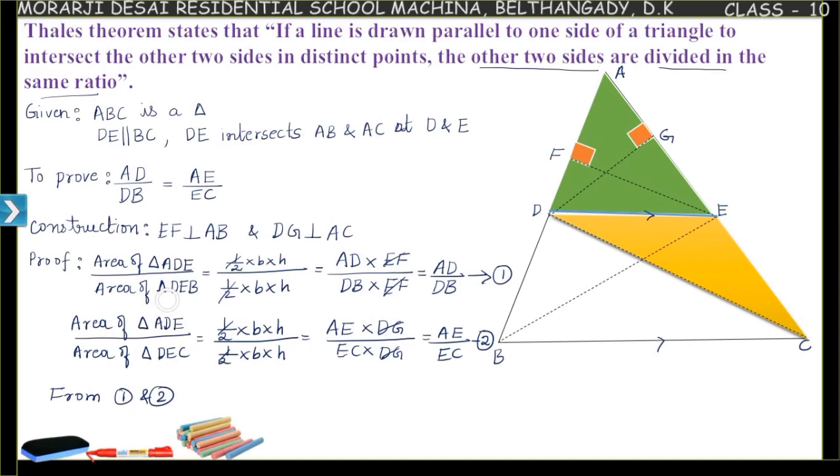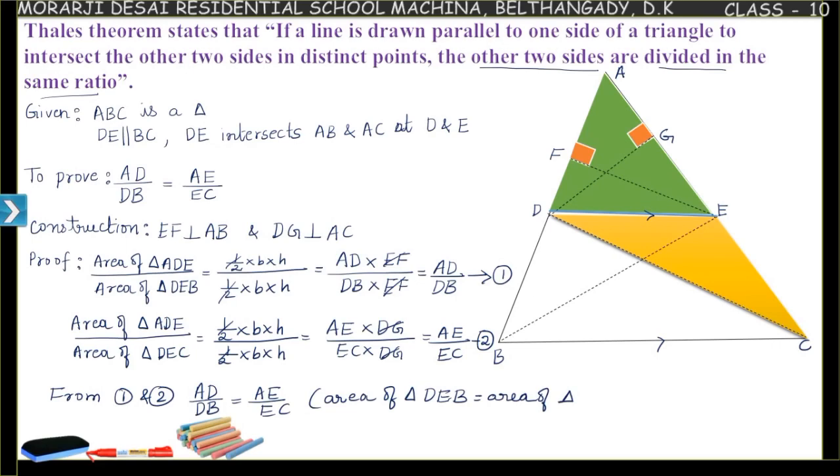And you know that area of triangle DEB is equal to area of triangle DEC because DEB and DEC are on the same base and between the same parallel lines. So we can write AD by DB is equal to AE by EC because area of triangle DEB is equal to area of triangle DEC.